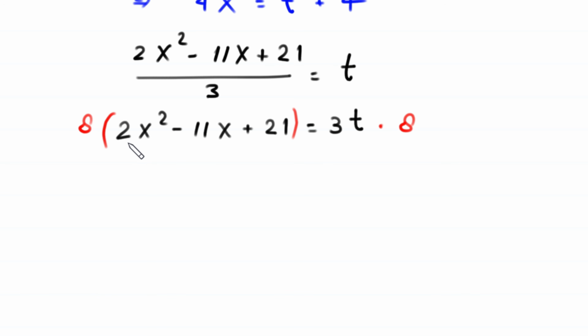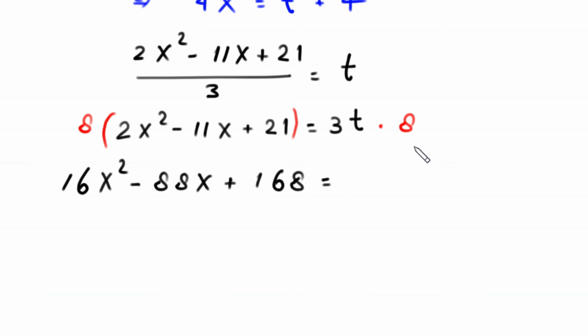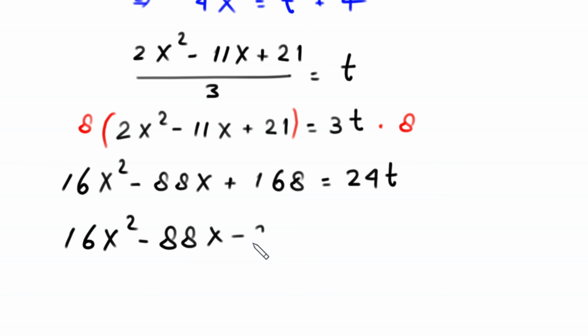Distribute: 8 times 2x squared will become 16x squared, 8 times negative 11x is negative 88 times x, 8 times 21 will become plus 168, equal to 3t times 8, which will become 24 times t. Move this 24t to the left hand side, the equation will become 16x squared minus 88 times x minus 24 times t plus 168 equals 0.